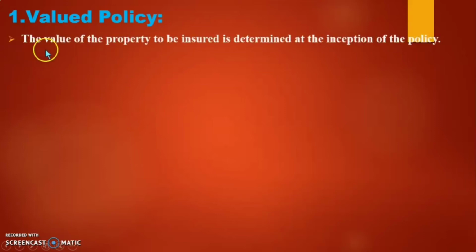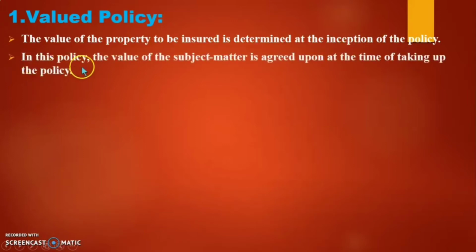First, we discuss valued policy. The value of property to be insured is determined at the inception of the policy. In this policy, the value of the subject matter is agreed upon at the time of taking up the policy.